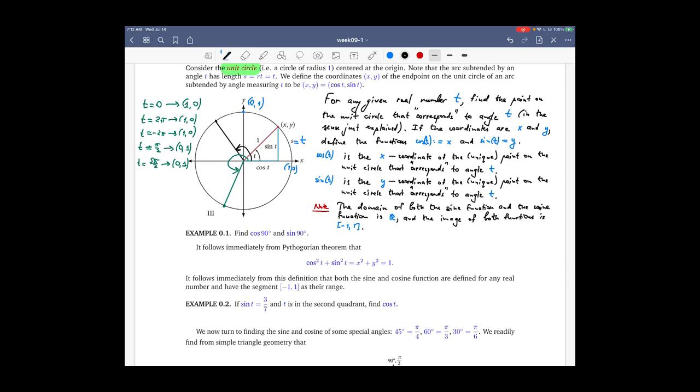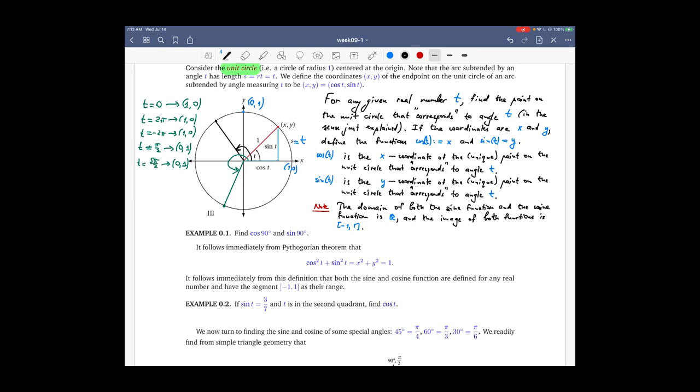Also, we see immediately, and we said it already, that neither function is injective. Different t's will result in the same x coordinate. So neither function is injective. That creates a big problem when we try to define the inverse of sine or cosine. But we will overcome this problem later.